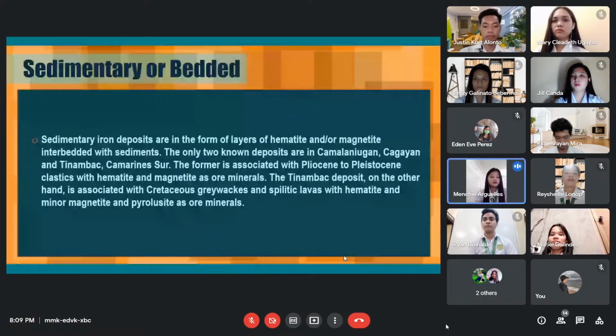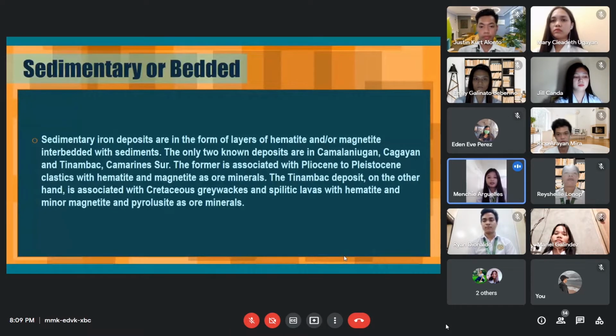So moving on, we have the other classification of iron deposits, and we have here the sedimentary or bedded. When we say sedimentary iron deposits, it's in the form of layers of hematite and or magnetite interbedded with sediments.